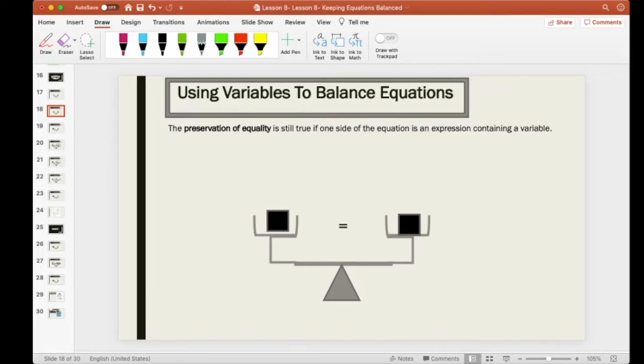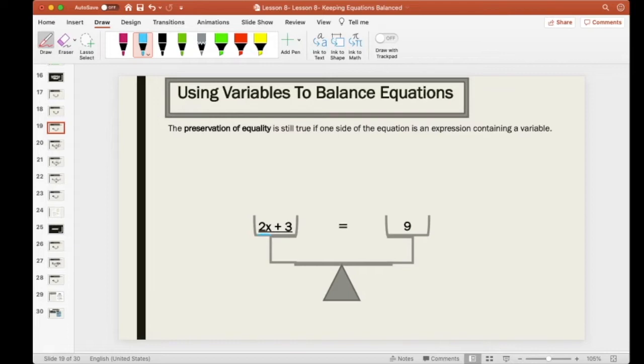What we do know is that it equals on both sides. So here is an expression, 2x plus 3. By now we should know that this means multiplication when they're side by side. 2x means multiplication, and this is going to equal 9.